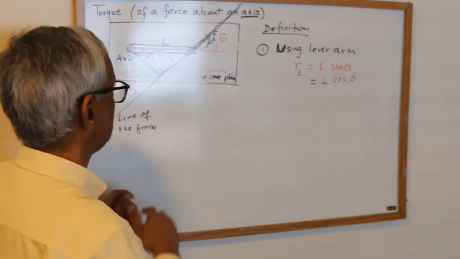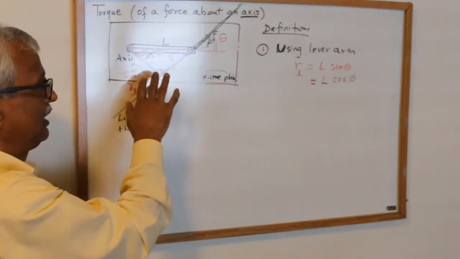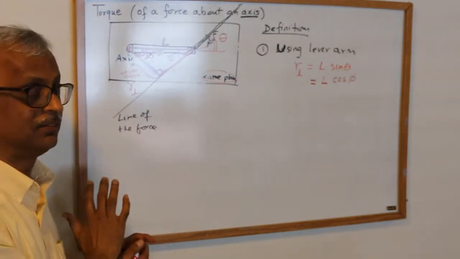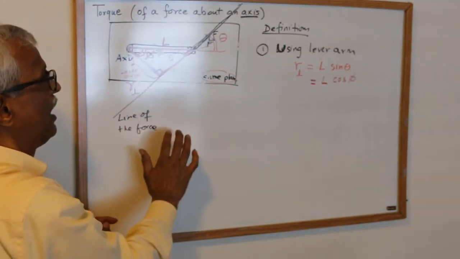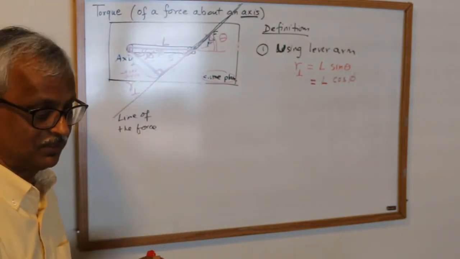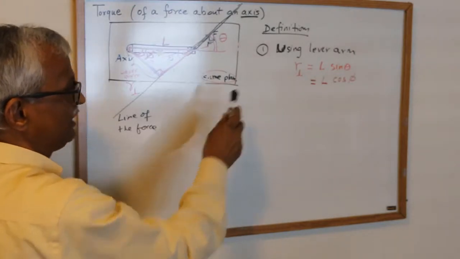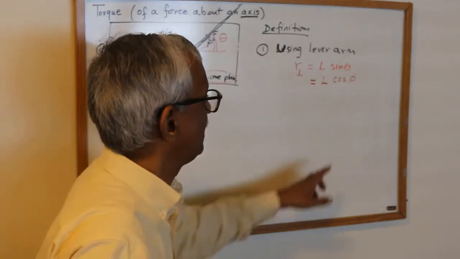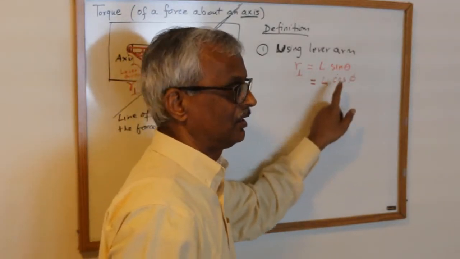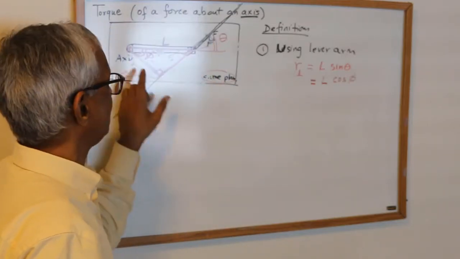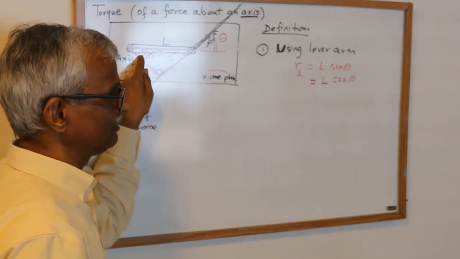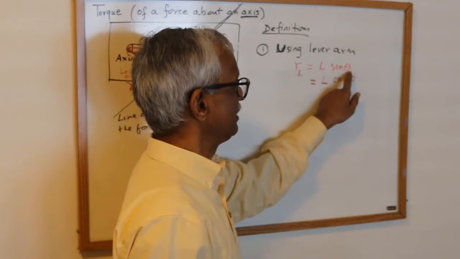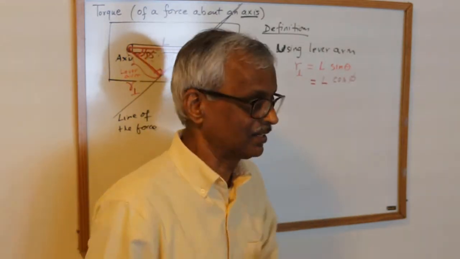That's why you have to work with the triangle you got and figure out which angle you know and which sides are involved. A lot of people make a mistake there. They memorize L sine theta, but when they work out the angle, they find this angle sometimes, and they plug in here, and of course they're going to get a wrong answer.